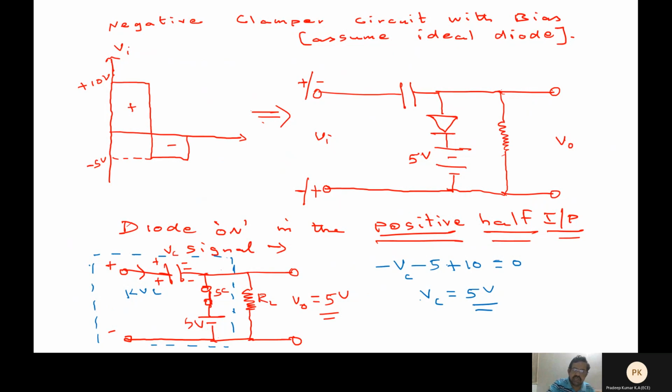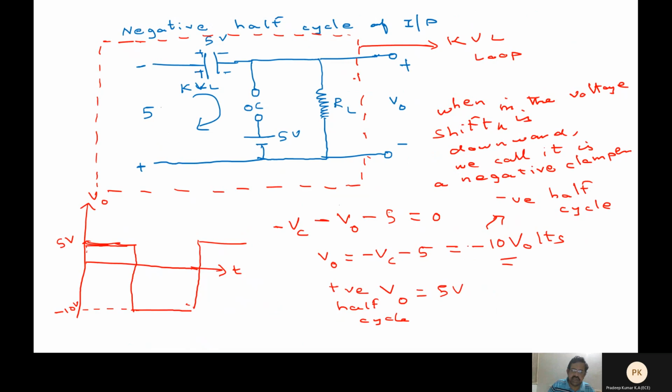Likewise we have to see here also. The DC level will be somewhere here. What will be the voltage here? Minus 5. So 5 minus of minus 5 will be 10 volt. So the shift is downward by 5 volt. That's all you have to understand. So this is my new DC level.